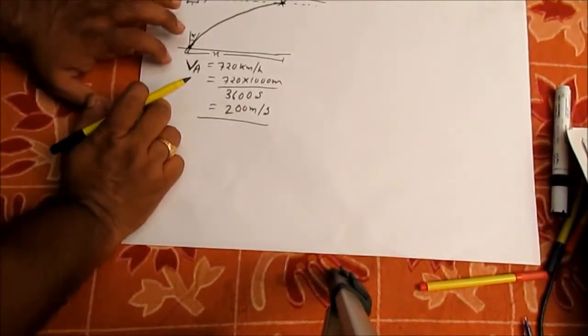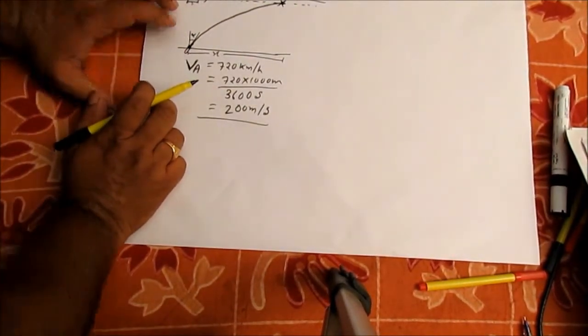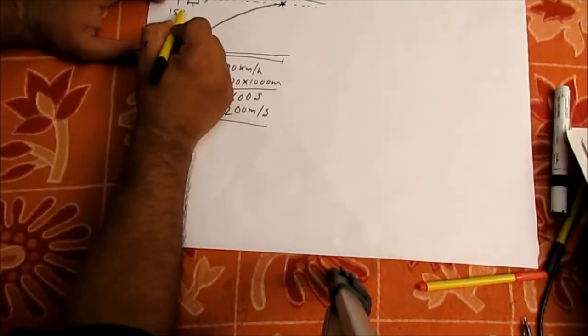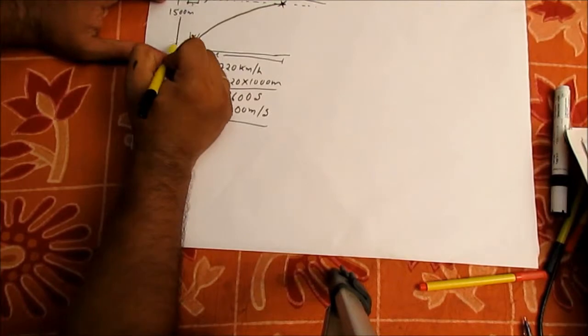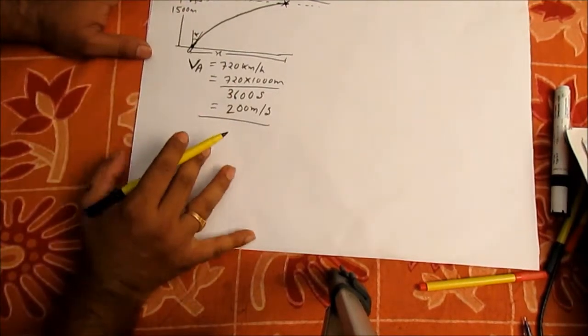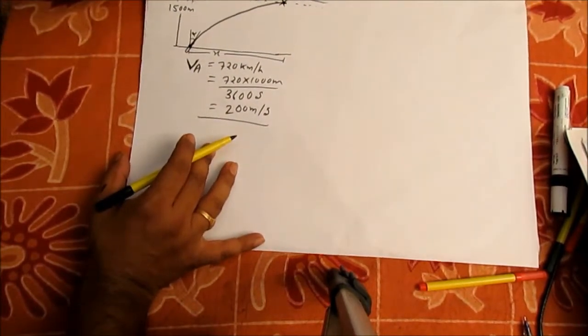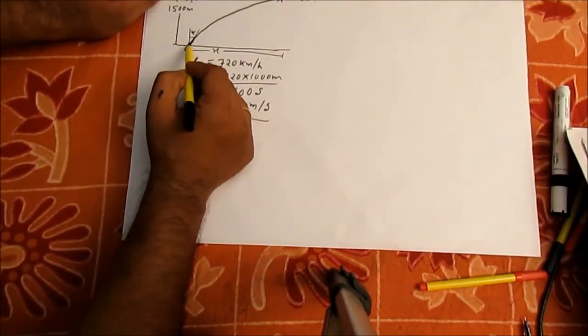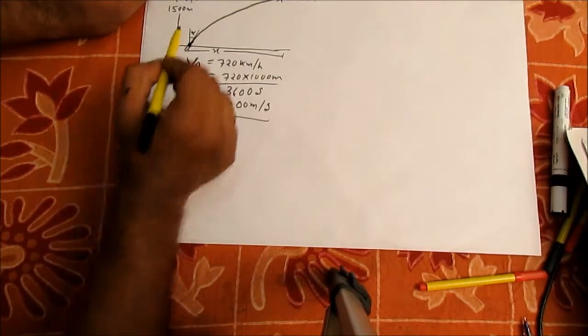We have given the height of this plane at this point as 1.5 kilometer or 1500 meter. Let this distance be x from the origin, and we have taken this one as origin.